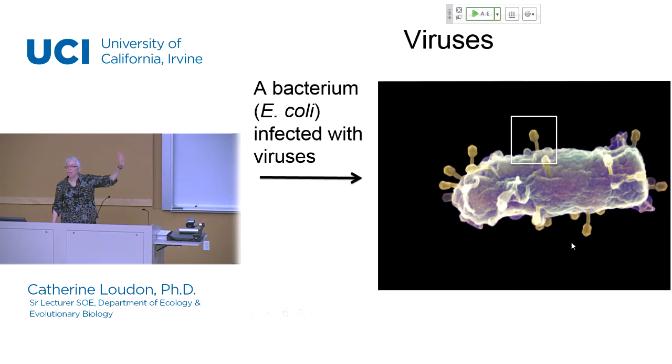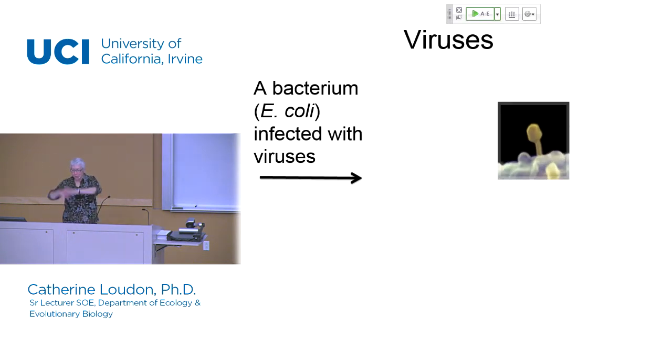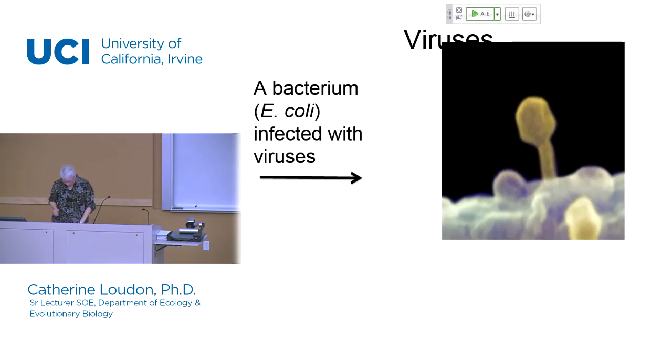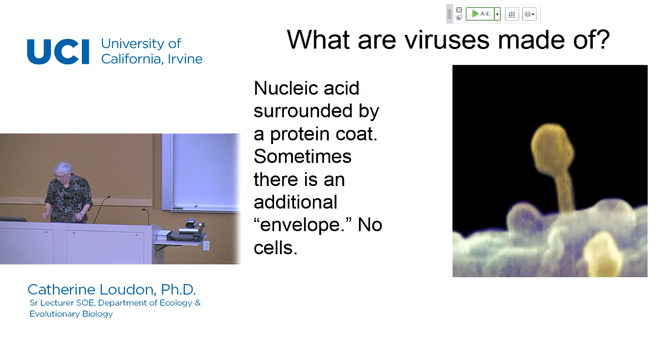So let's then take one virus and consider what it's actually made of. So let's zoom in here on our virus and consider its components. What is it made of? It's actually a fairly small number of components, which makes it fairly straightforward to learn about what are the parts of a virus.